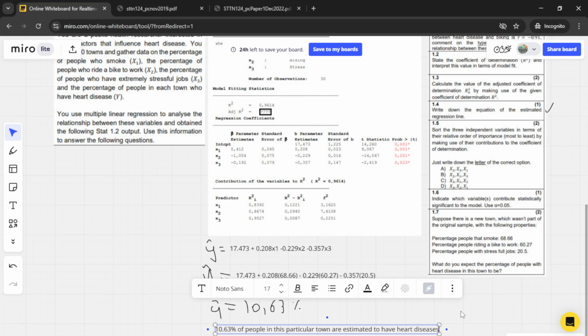Remember, this is just an estimation. That is why I say they are estimated, because we use the least squares regression line, the estimated regression line. So that is why I say 10.63% of people in this particular town are estimated to have heart diseases.